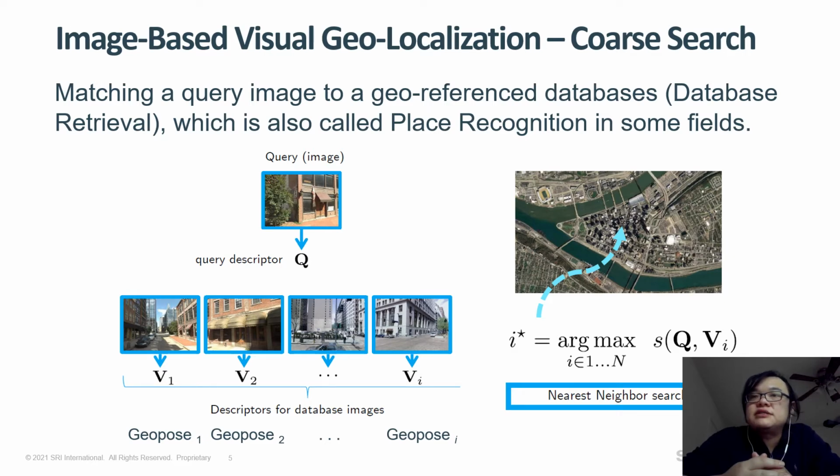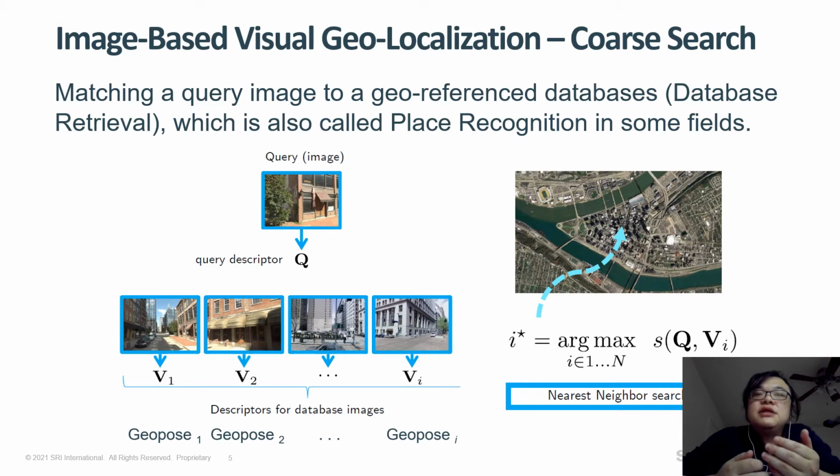In this process, each image inside the database is associated with a geodetic position or a geopose. There is also a descriptor to represent each image. The code search process will extract the descriptor from the query image and then compare this query descriptor to all descriptors of database images.